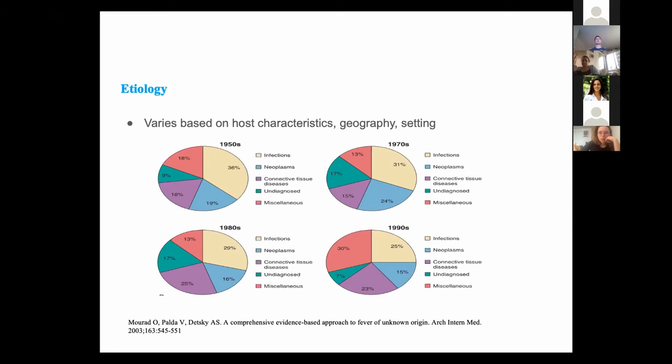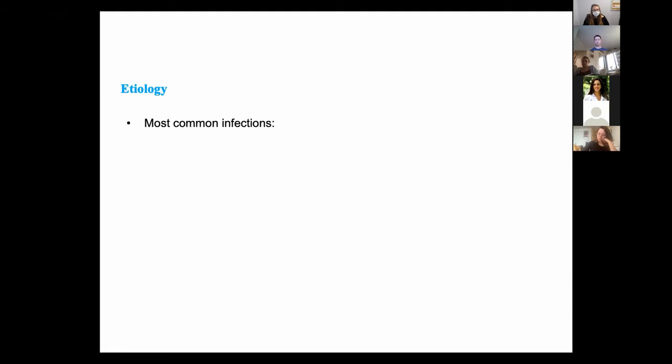As we get into the 90s, there's more and more connective tissue diseases being diagnosed. And then there's always a large chunk of miscellaneous or undiagnosed, which we never have an answer for. But by and large, the three major categories are infection, malignancy, and connective tissue diseases. As far as infections go, the most common worldwide is definitely tuberculosis.